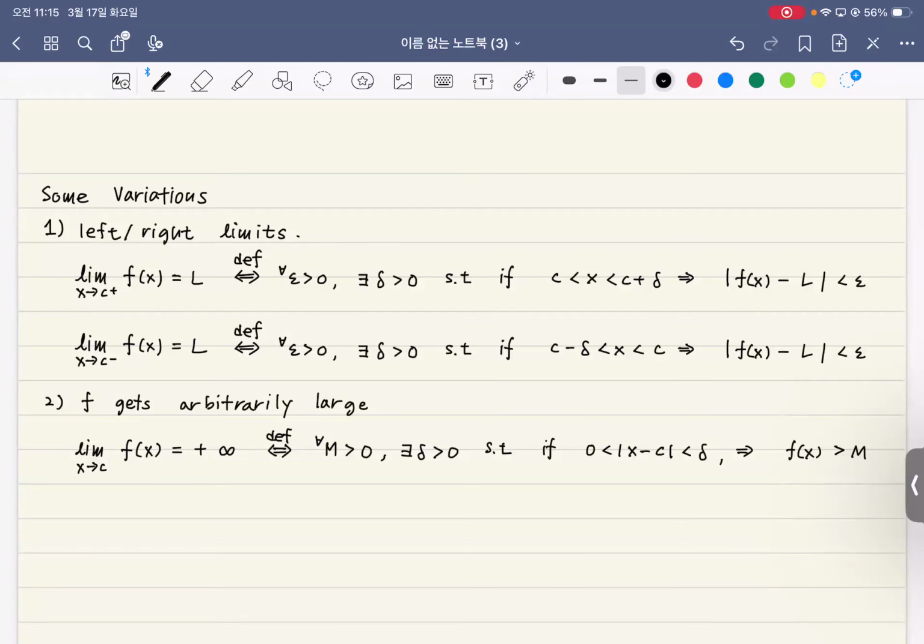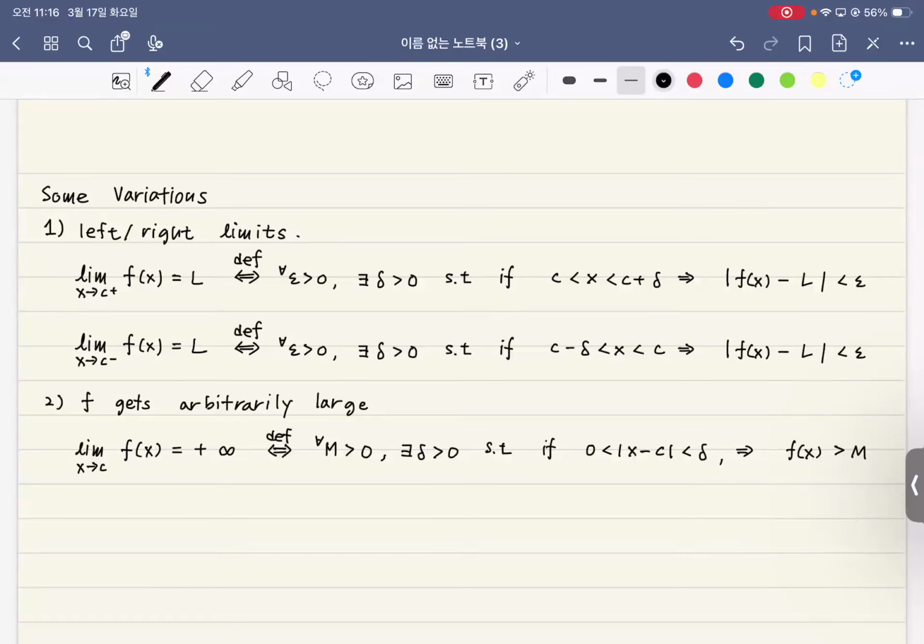So why have I changed the symbol from epsilon to m? Because by the convention of mathematicians, epsilon usually refers to a very small number, but m usually refers to a very large number. So just choose any large number, say m is 1 million.